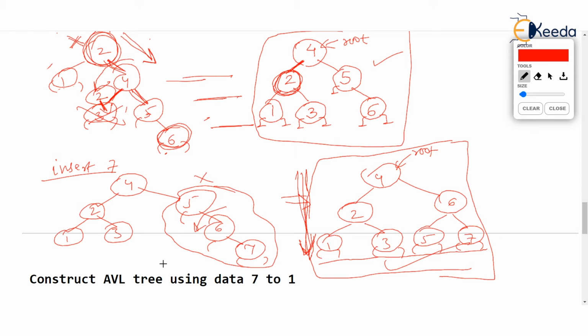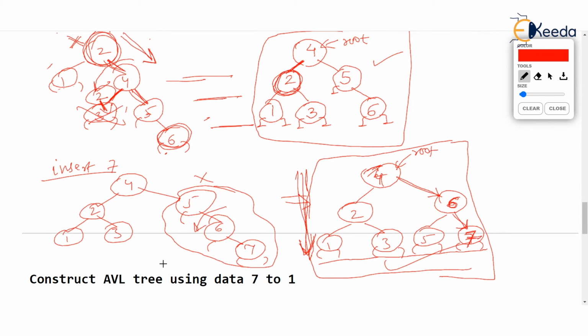Now you tell me, on an average, how many comparisons you will have to do to search any node? Let's say you are searching 7. Then 7 is not at the root, but you will take right because 7 is larger than 4. But 7 is not present at this 6 also. So you will take right and you get 7. But how many comparisons did you do to search 7? 3 comparisons.